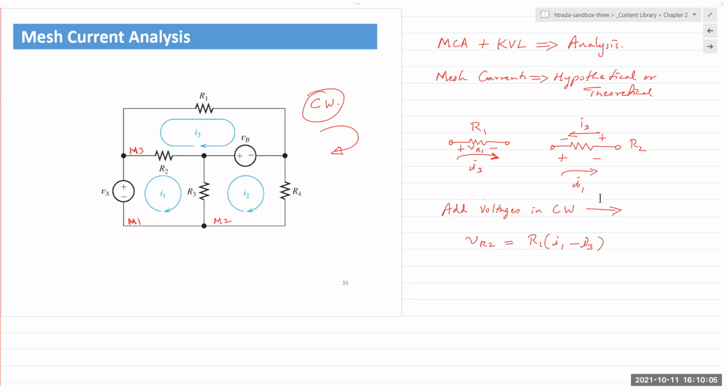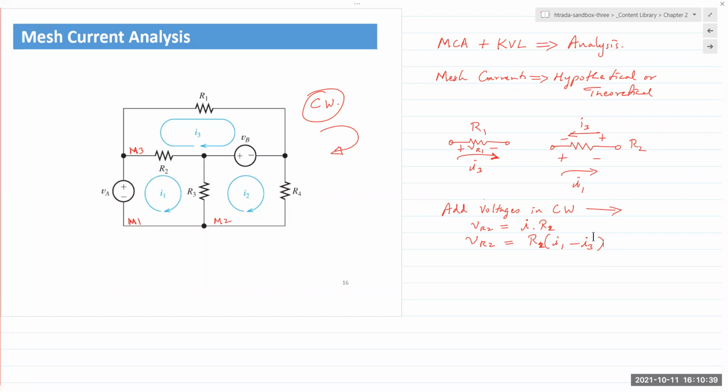The actual branch current that's flowing through R2 can be written as, let's say, VR2 is equal to whatever that current is, I times R2. This should be R2. But then IR2 is made up of the mesh currents I1 and I3, right? I1 and I3. And because the KVL direction chosen is clockwise, it'll be I1 minus I3.